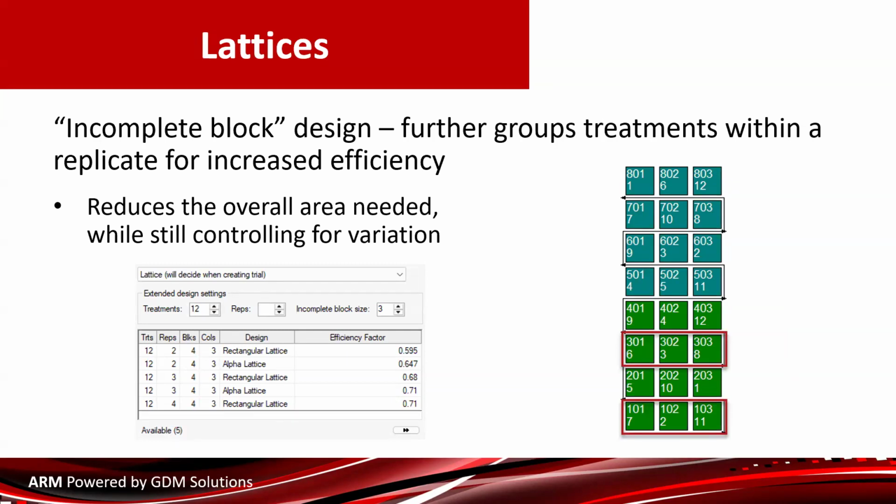There's different systems for formulating these groups. In the example here to the right, we're colored by replicate, and we're really just looking at the grouping of three. And then I have 4 groups of 3. And it's just keeping tabs on how those groups work together. And so there's rectangles, there's alpha lattices.